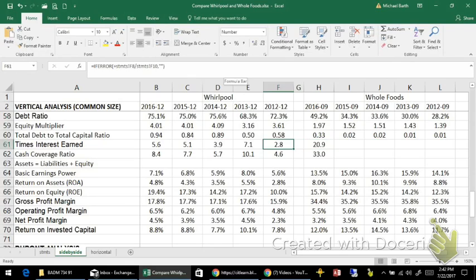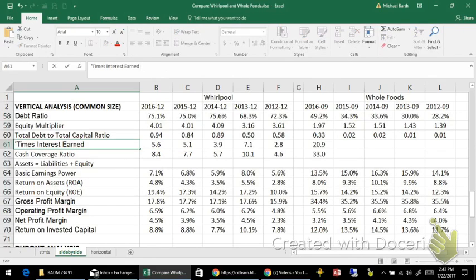The times interest earned ratio measures the operating income available to pay interest relative to the amount of interest expenses. So times interest earned would be EBIT, operating income, divided by the interest expense that has to be paid out of operating income.